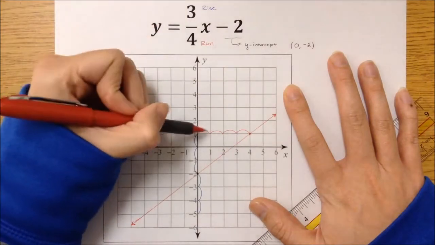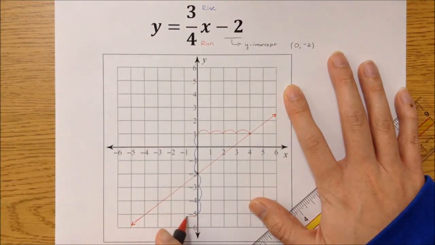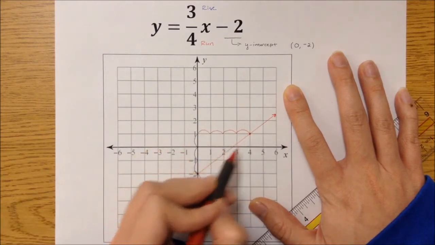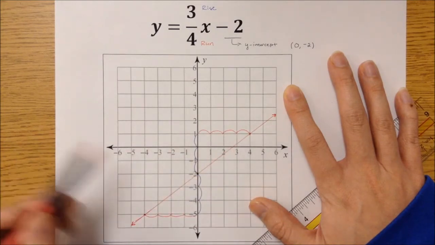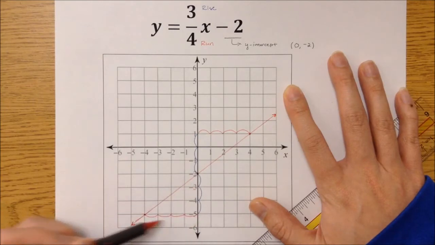And since in the beginning I went to the right 4, I'm going to go to the left 4. 1, 2, 3, 4. That's if I didn't have enough space to find our second point on the right. So you're able to go backwards by going in opposite directions.